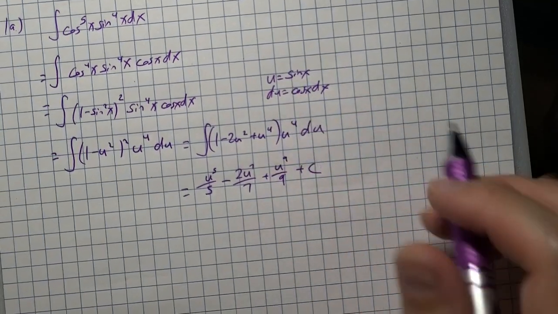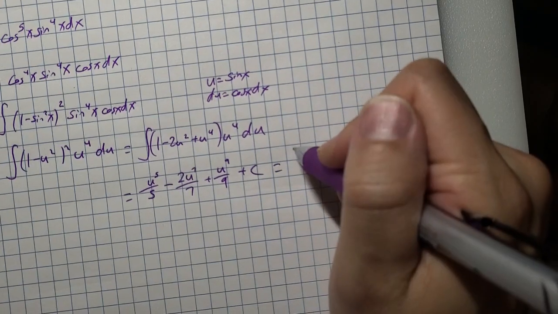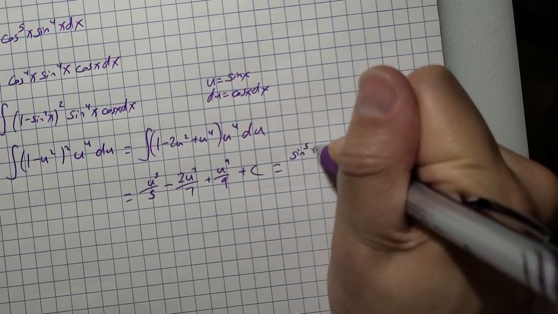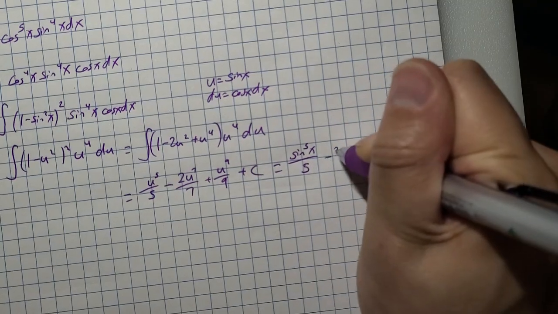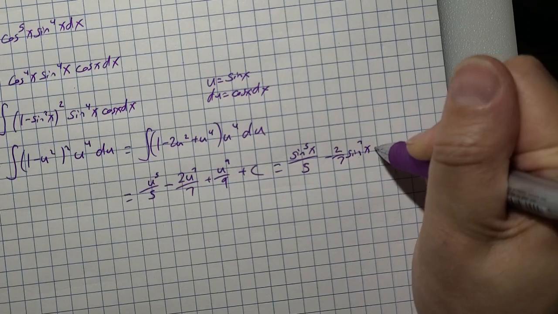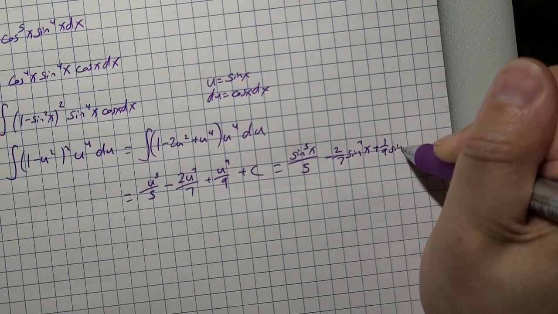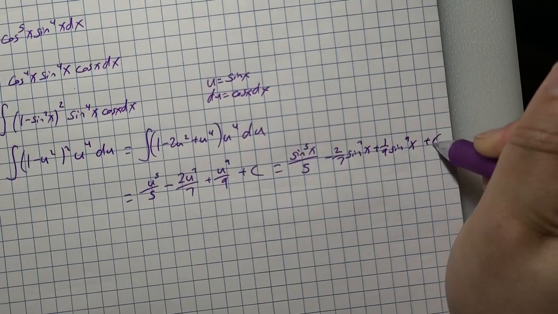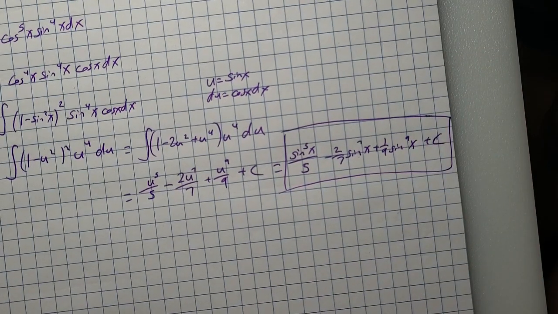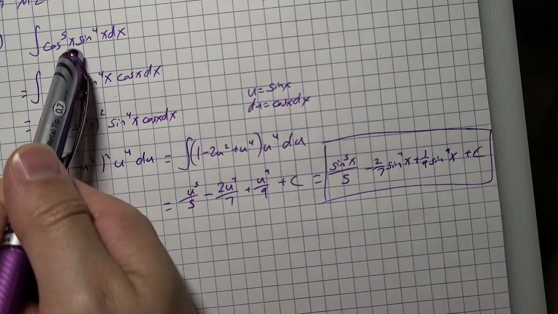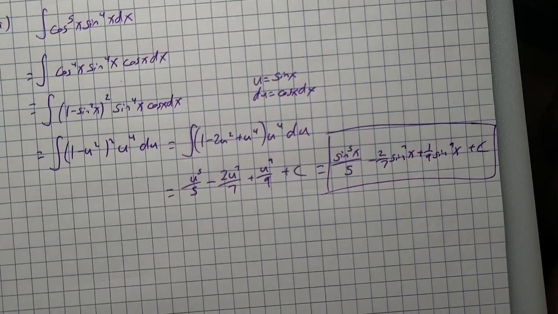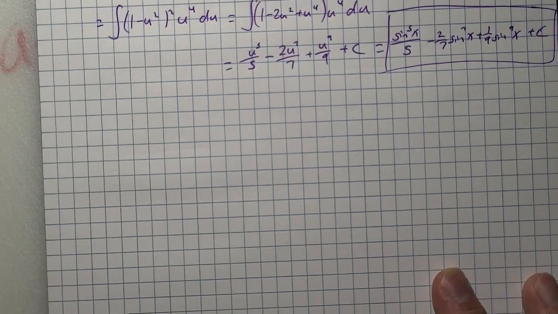Then we have to back substitute our u, so that would be sine to the 5th power over 5, minus 2 sevenths sine to the 7th power, plus a ninth sine to the 9th power, plus some constant c. That's our answer. This one's easy because there's an odd power of cosine, so we save it. That was the technique there.